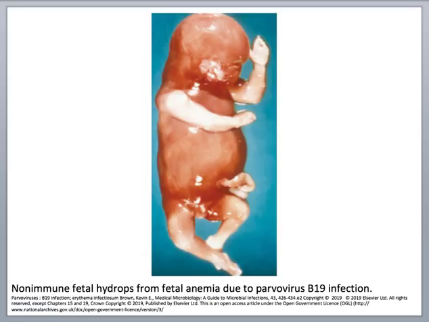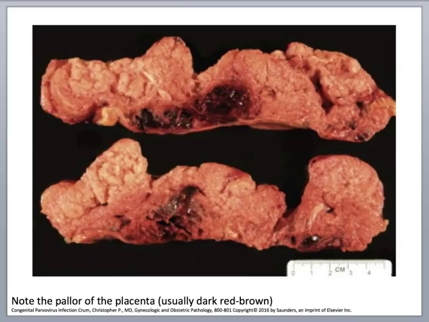Again, note the marked pallor over the extremities. This image also demonstrates the characteristic pallor seen in fetal hydrops that's due to fetal anemia. These are sections crossways of the placenta.